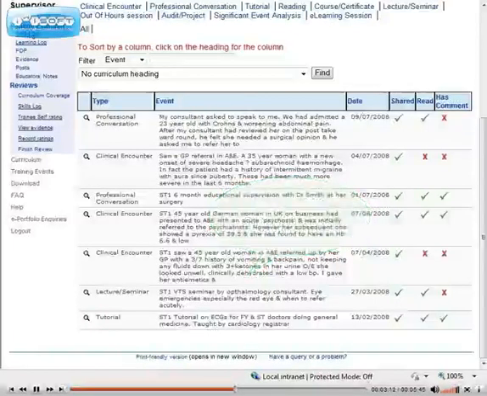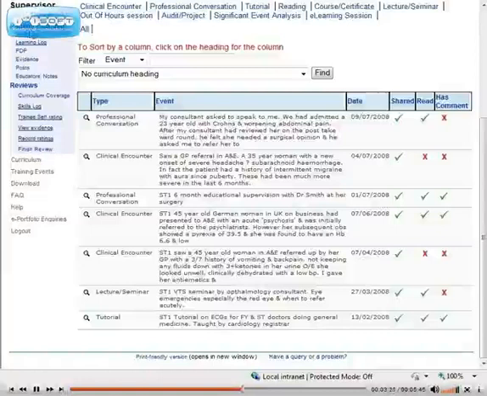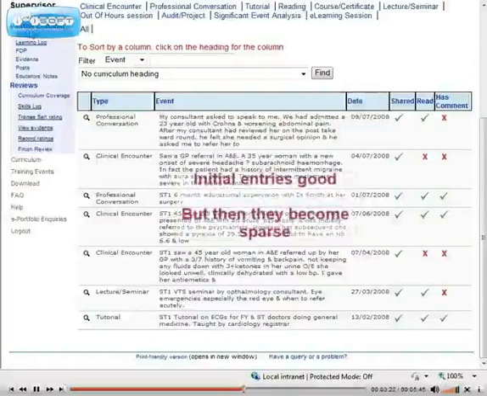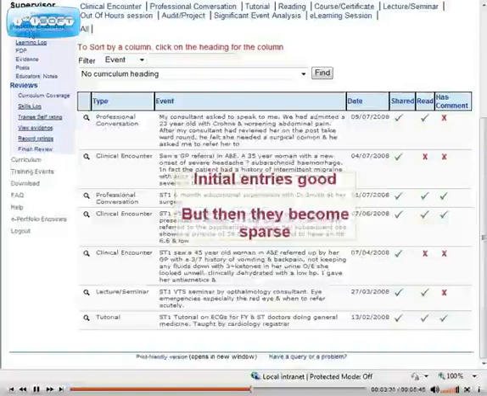Right, okay, Krish. Let me give you another scenario and you tell me what you think about this. What would you say about a trainee who was initially making effective use of the portfolio and had a number of entries at the start of a post or perhaps a previous post, but then all of a sudden they've stopped? What do you think?